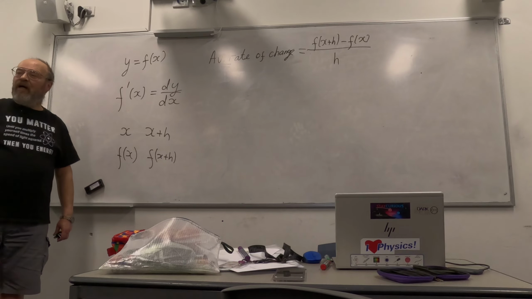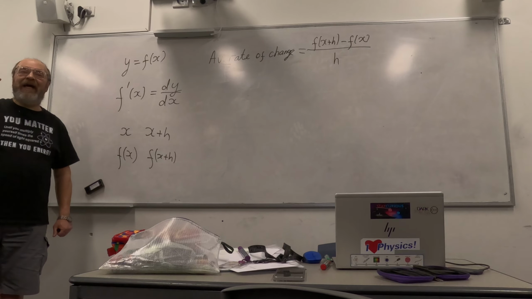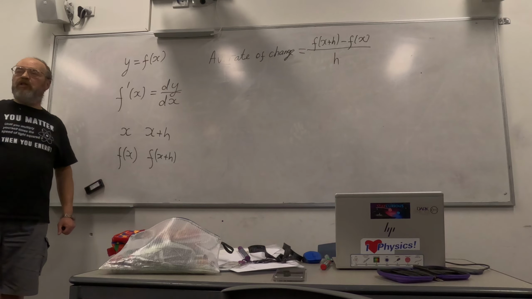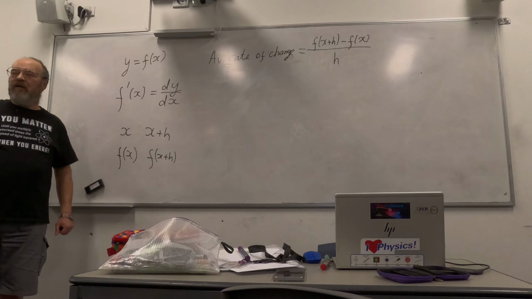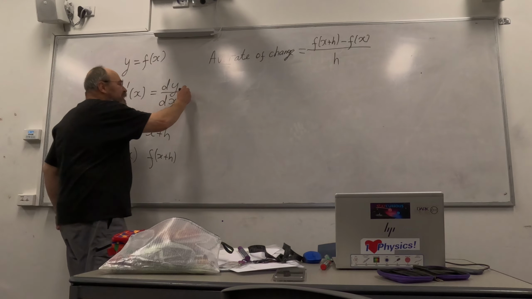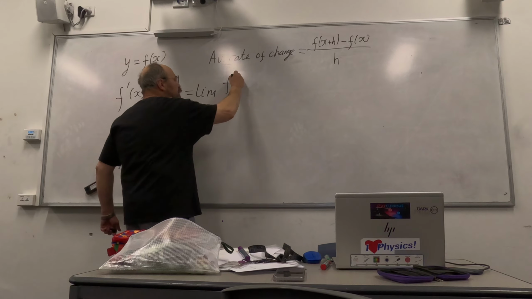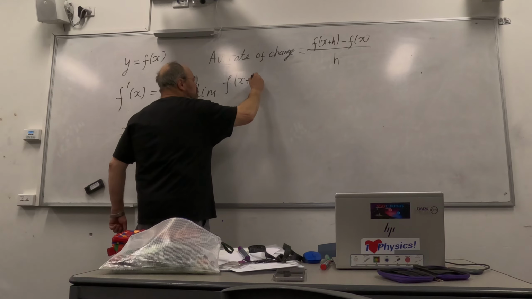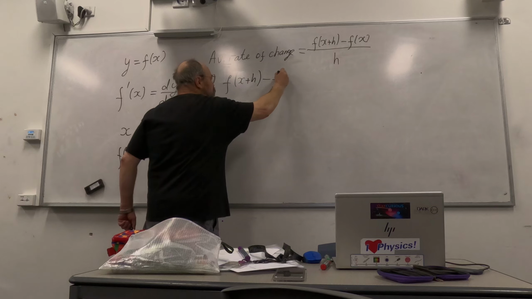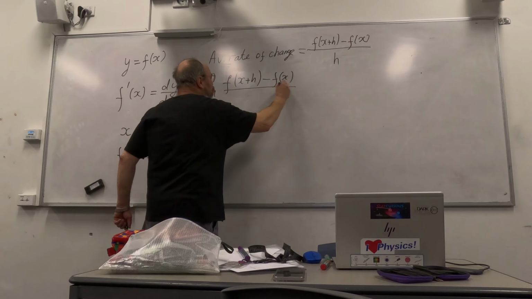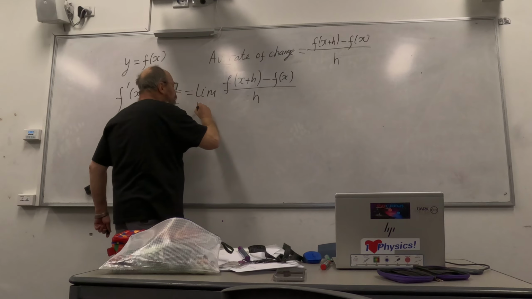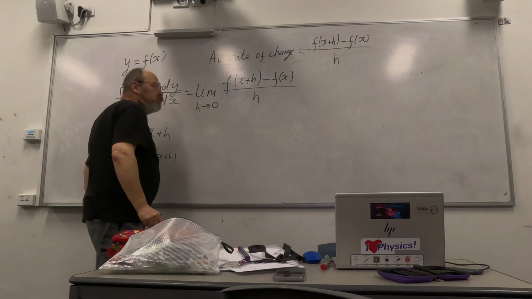Now, if we make h as small as possible, we will come to the derivative. So it is the limit of the change of function over the change of x when the change of x approaches 0.